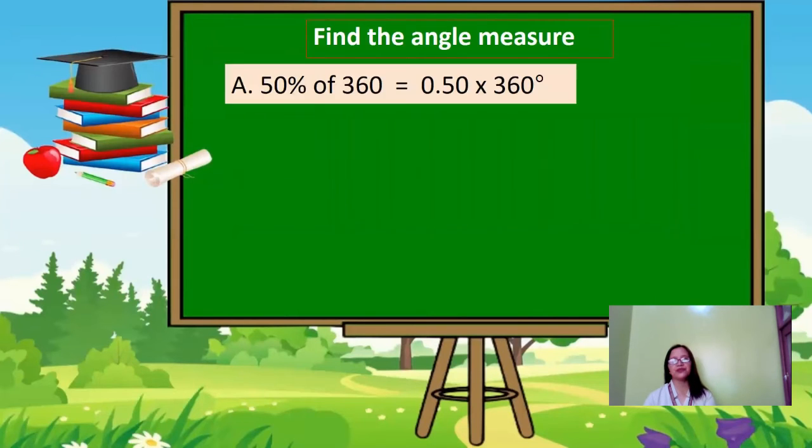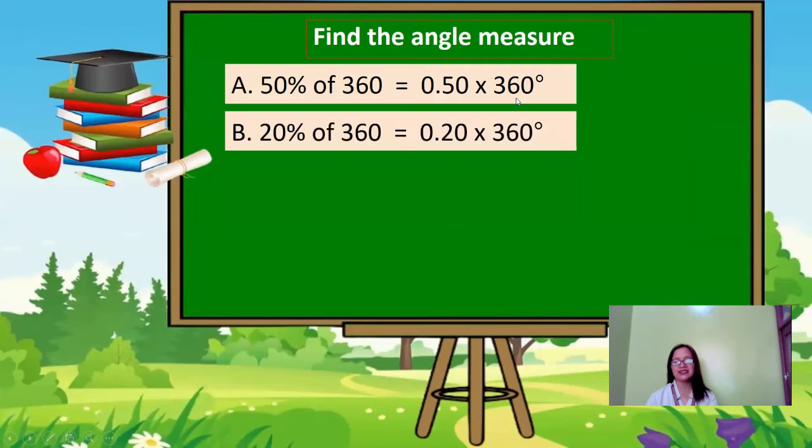Finding the angle measure, same process, use multiplication. 50%, the rate that we got a while ago. So 50% of 360 means 0.50 times 360 degrees.